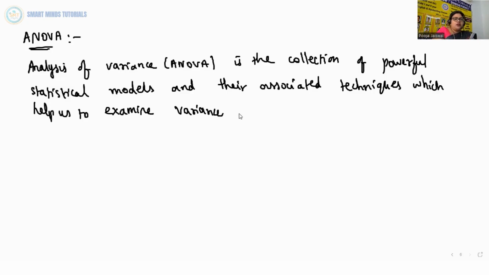So as we know, variance is denoted by sigma square between a number of samples.